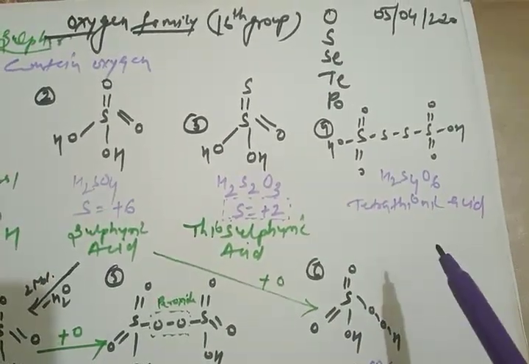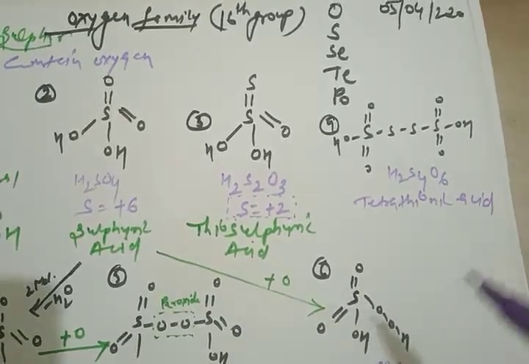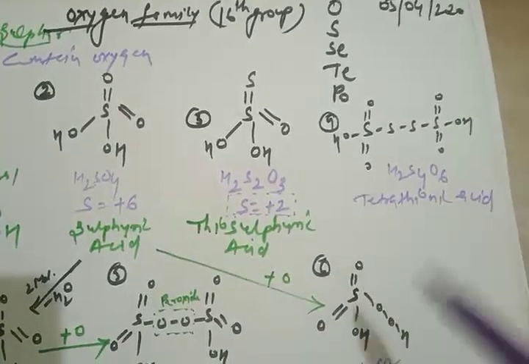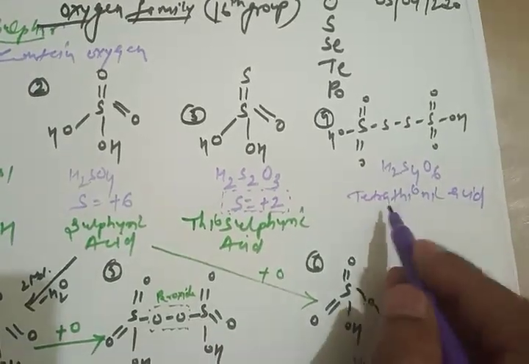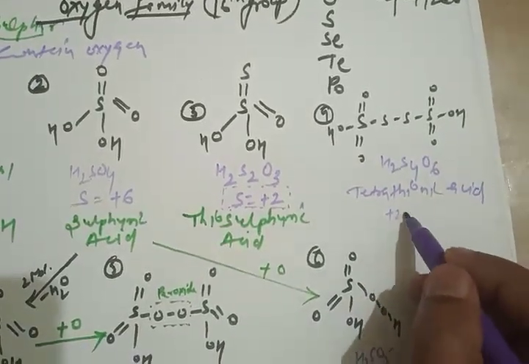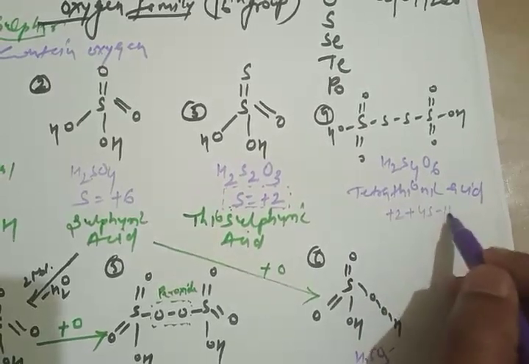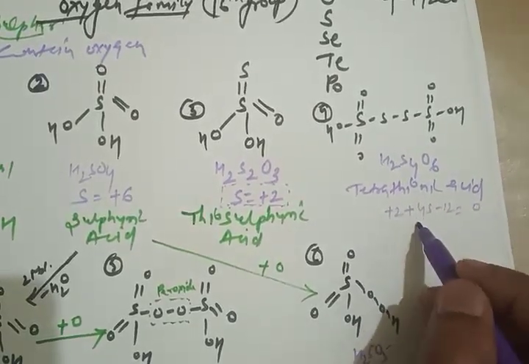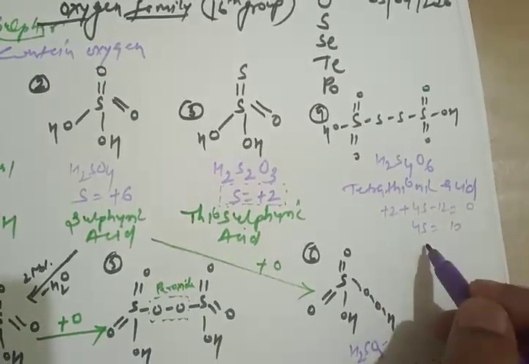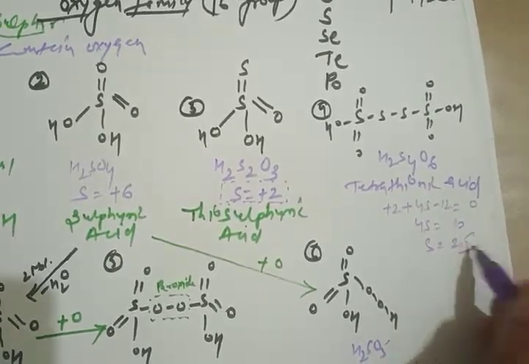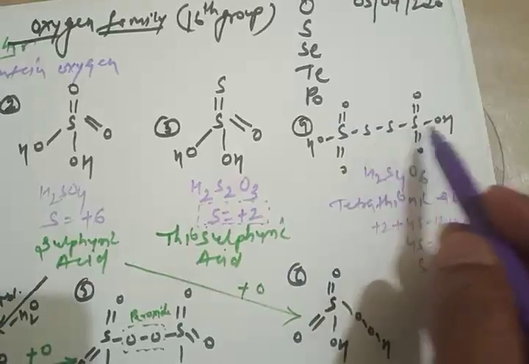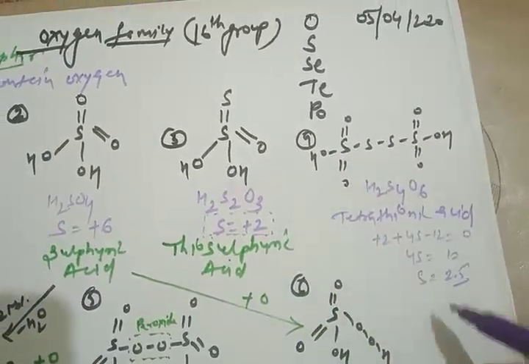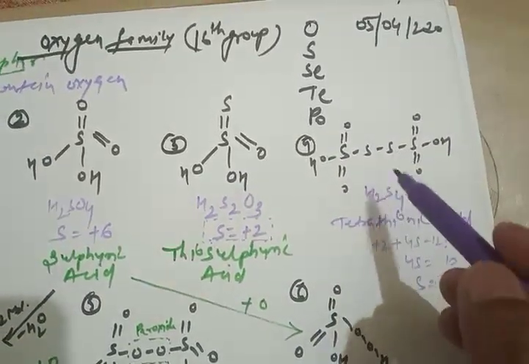And again, if you go for the traditional method of calculation of oxidation state, oxygen is minus 2, so this is 4S minus 12 plus 2, this will give you 0. So 4S equals to 10, so S is 2.5. But it is not 2.5 for every sulfur. Each sulfur does not contribute equally. Why?